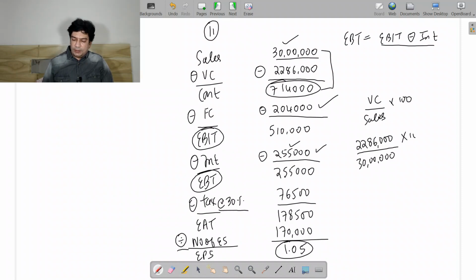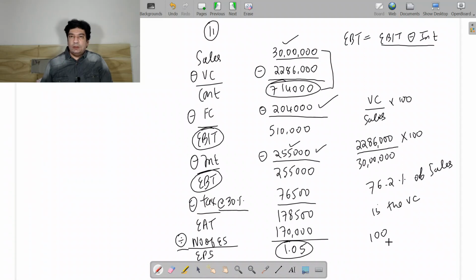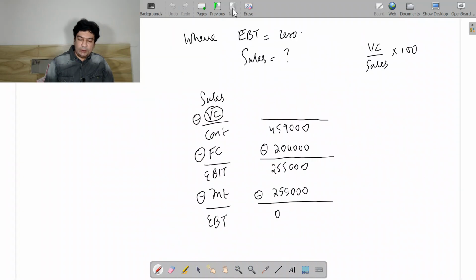So 22,86,000 divided by 30 lakhs into 100 gives 76.2%. So 76.2% of the sales is the variable cost. It means if the sales are 100, the variable cost will be 76.2. So this part we are going to use here.